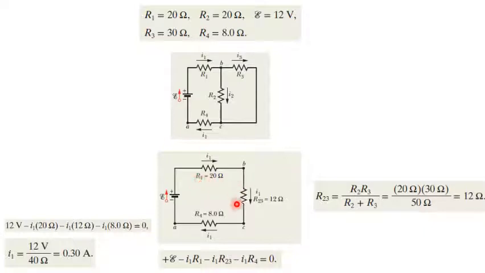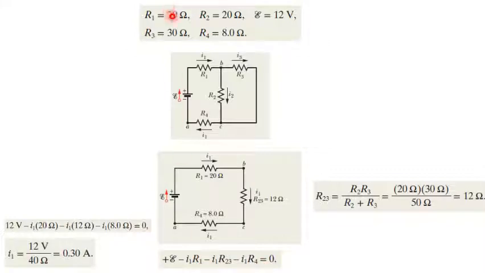The voltage drop at resistance 2, 3 would be negative. The voltage drop at resistance 4 would be negative. So the summation of the potential differences in this loop would be E minus I1 multiplied by R1 minus I1 multiplied by R23 minus I1 multiplied by R4 equals 0.